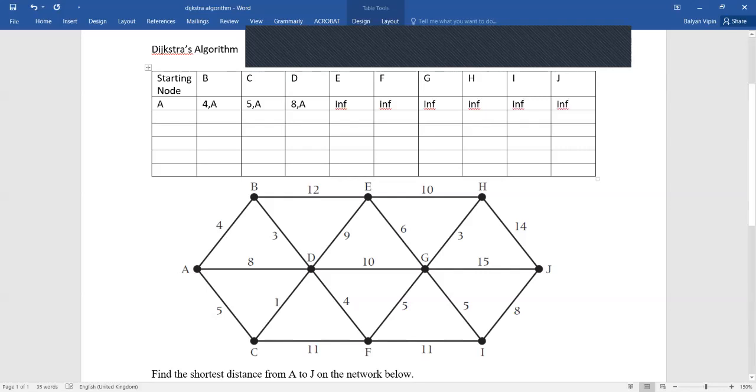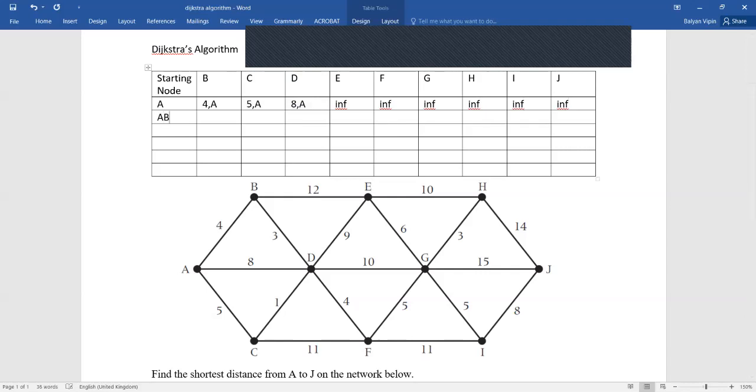Now, whichever is the minimum cost among those connected to A, that will be your next node. So now from A, you will go to B. Why? Because B has the minimum cost.